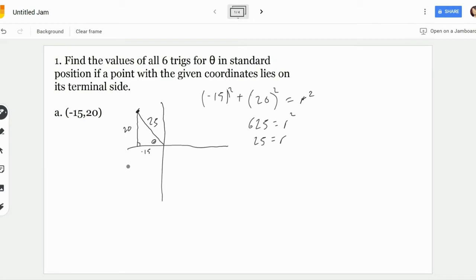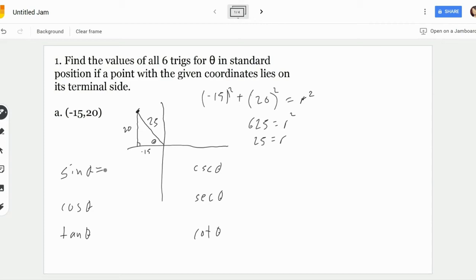Okay, so what we want to do is find sine of theta, cosine of theta, and tangent of theta. That's the first 3 that we've always done. Then we're also going to do cosecant, secant, and cotangent of theta.